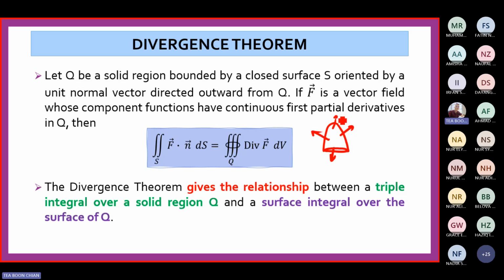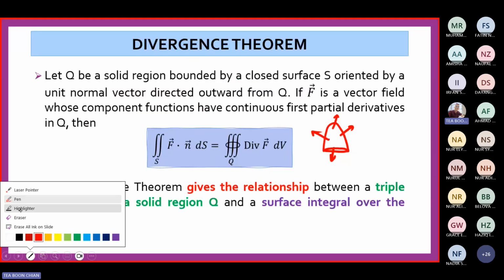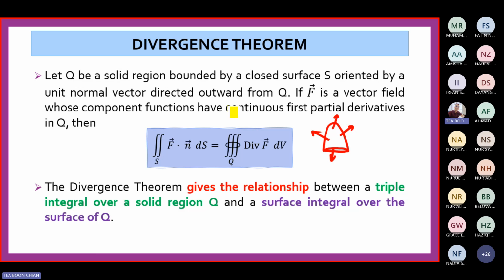It's just a surface of a solid pointing outward. If vector F is a vector field whose component functions have continuous first partial derivatives in Q, you see this statement again, continuous first partial derivatives. That's the one I asked you to pay a little bit of attention to.